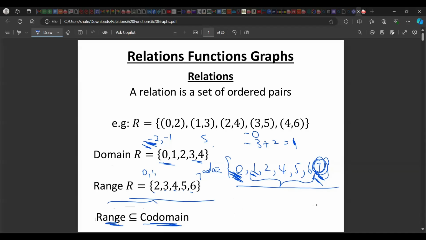So while the codomain is this bigger set, your range is just a subset of it. But you could make it that way if you extend the domain. If we go from -2 right up to 5, well, we can cover the whole codomain, right?